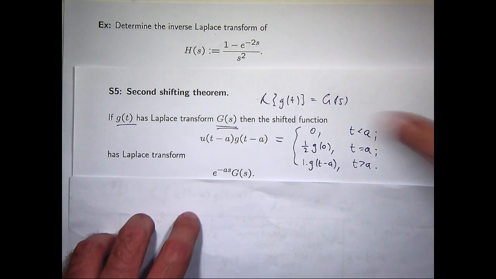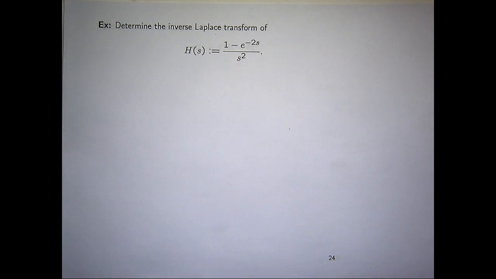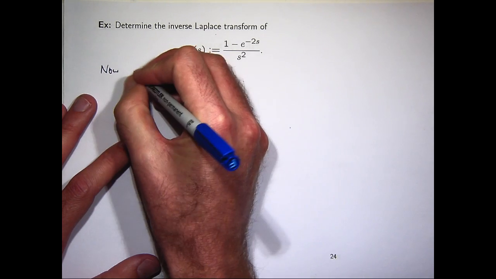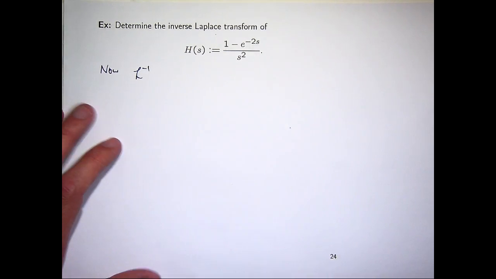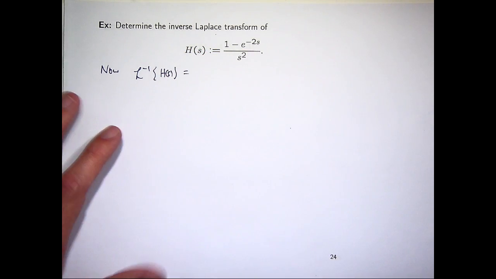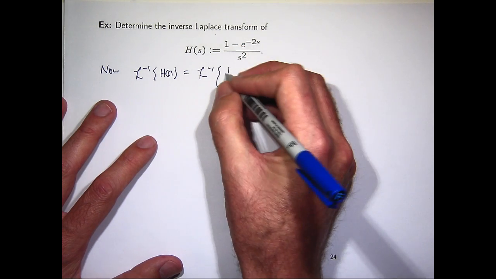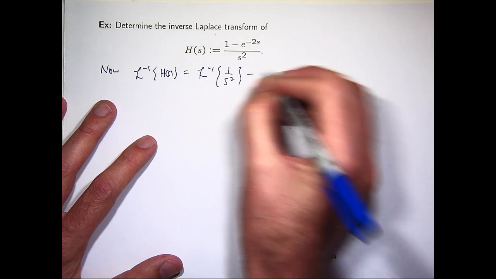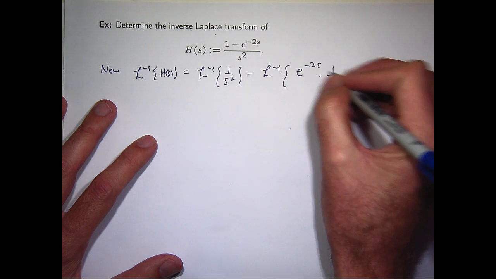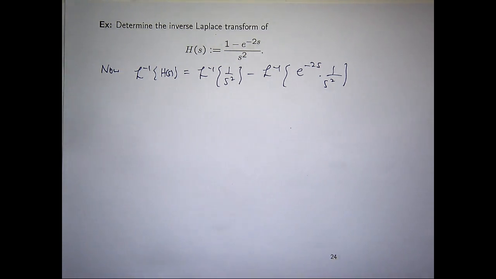Now, we're going to have to use two techniques for this one because I'm just going to split it up. The Laplace transform and its inverse are linear operators. So for this one, I'm just going to break it up into the following form.